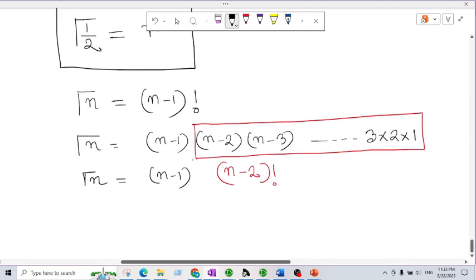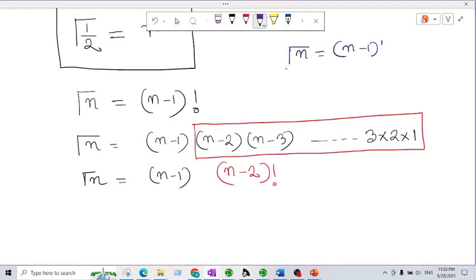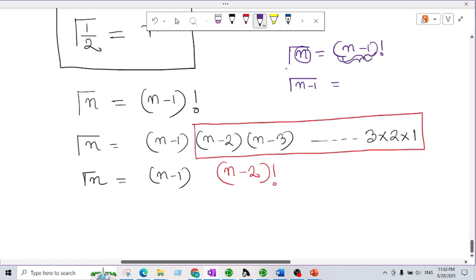Now let's write the formula again. Gamma n is equal to n minus 1 factorial. So if I take a minus 1 here, then this will become n minus 2 factorial.